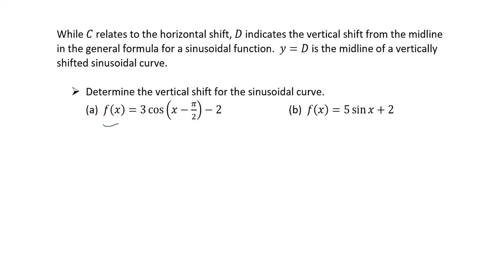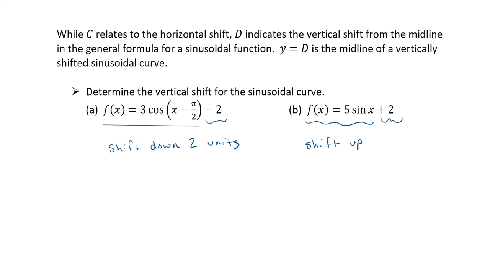Here I have f of x equals 3 cosine of x minus pi over 2, and then I have minus 2. This means that we are shifting down 2 units. And here I have f of x equals 5 sine x. Then I'm adding on 2. This means I'm going to be shifting up by 2 units.